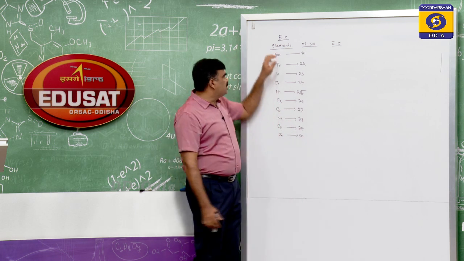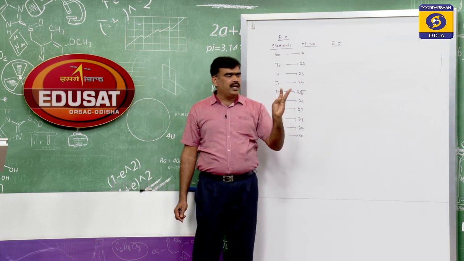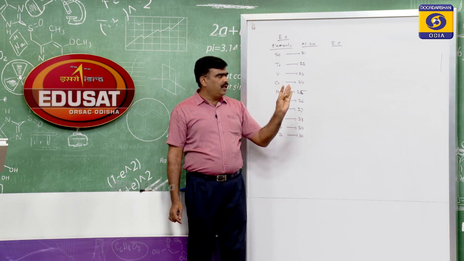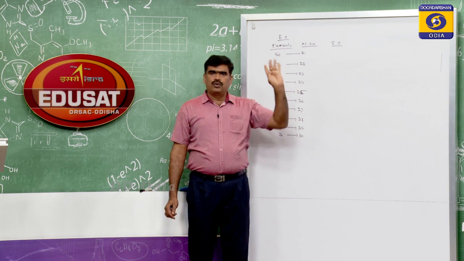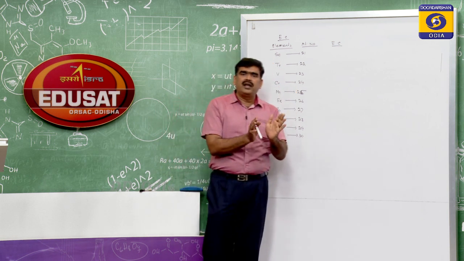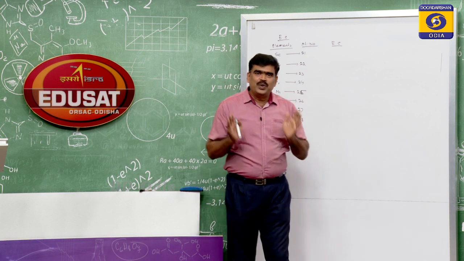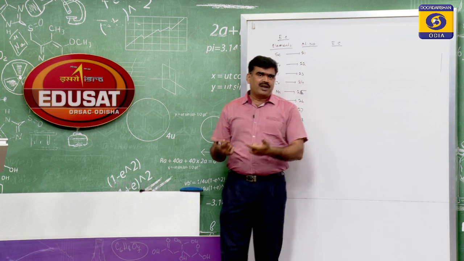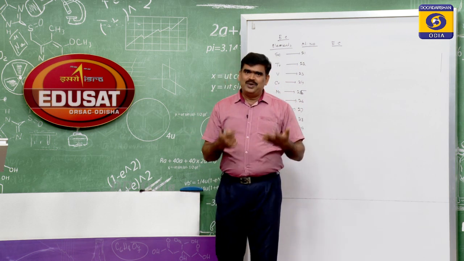You just remember the mnemonic: Scooty re Bikrama ferry Konarka nikatare kuoku. Copper is number 9, meaning its atomic number is 29. If an element comes at number 6, it is 26. If it comes at number 5, it is 25.